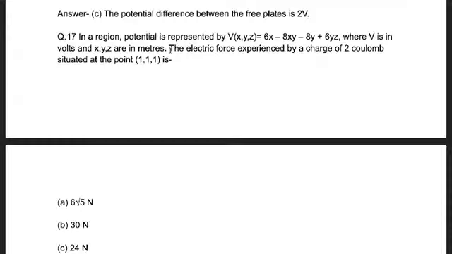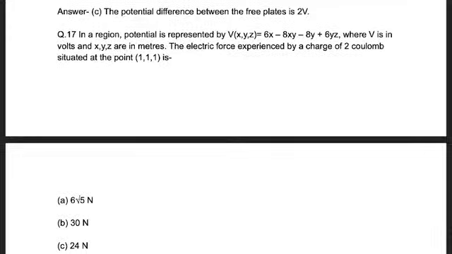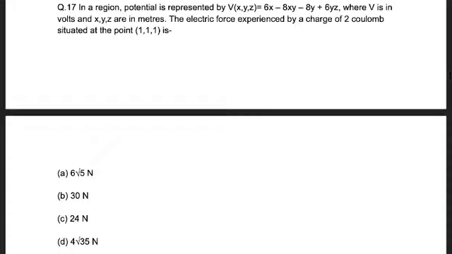The electric force experienced by a charge of 2 coulomb situated at the point (1, 1, 1) is: A. 6 root 5 N, B. 30 N, C. 24 N, D. 4 root 35 N. Correct. Your answer is D, 4 root 35 N.